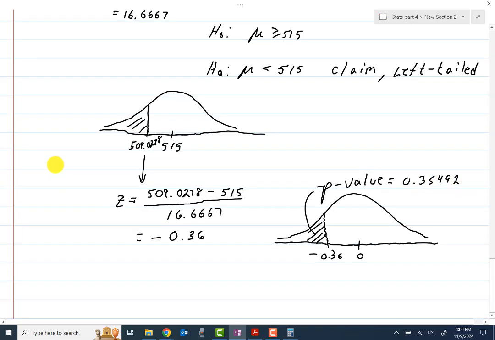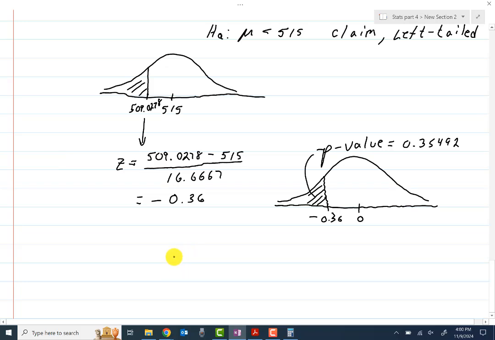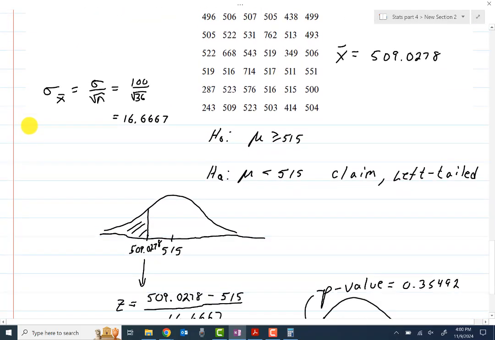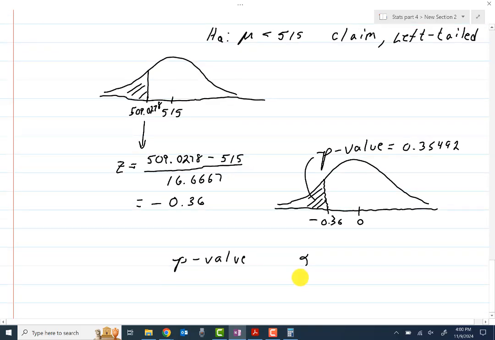So here we have, when we compare the p-value versus alpha, alpha was given to be 0.10, and the p-value turned out to be 0.35492. The p-value is greater than alpha.